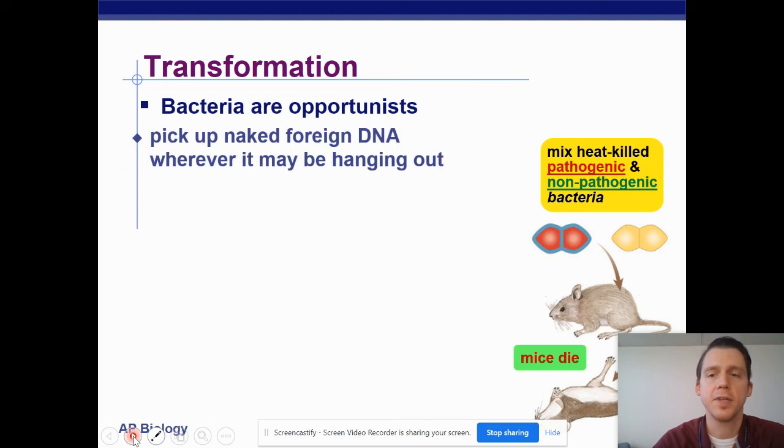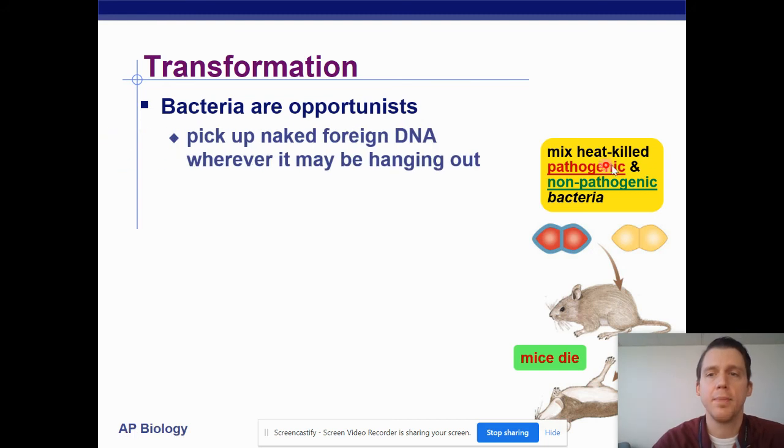So we already went over this experiment where we mix the heat-killed pathogenic and non-pathogenic bacteria. That's because bacteria tend to pick up naked foreign DNA. Whenever bacteria see some DNA that just happens to be lying around, they might pick it up and incorporate it into their own genetic set. We call that transformation.